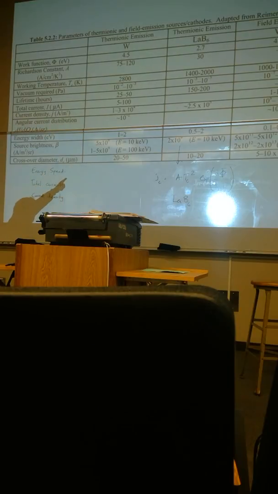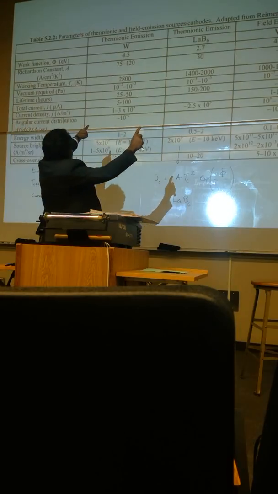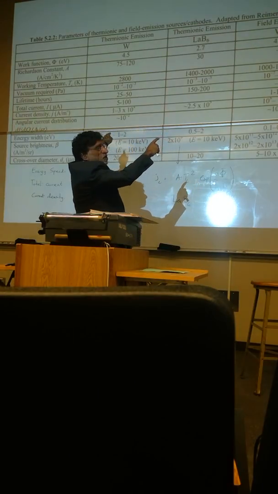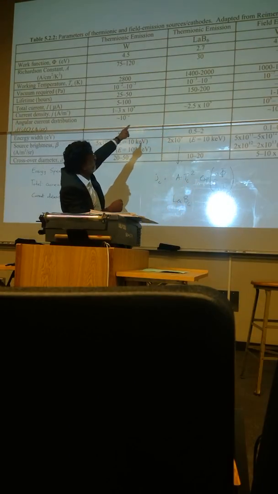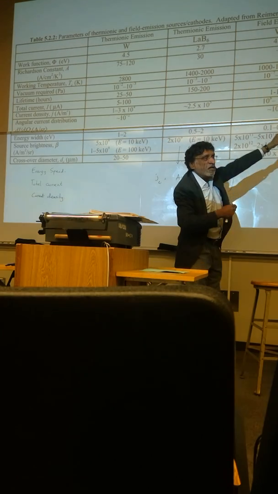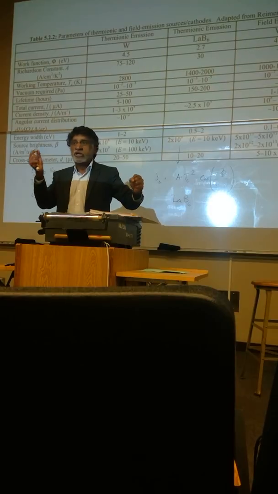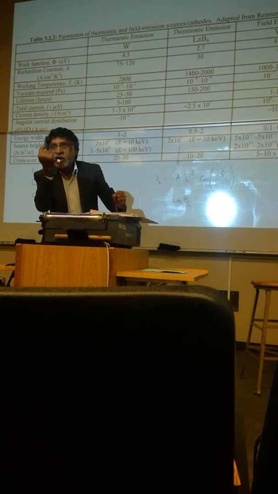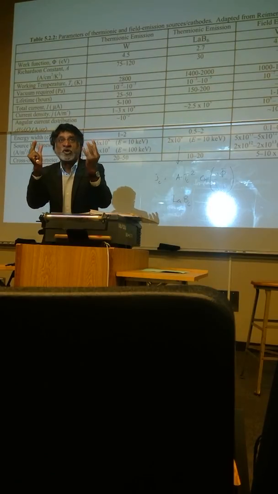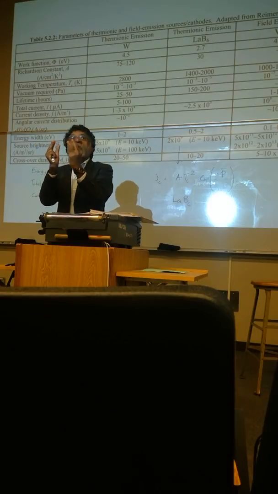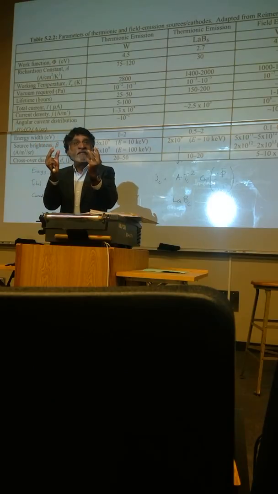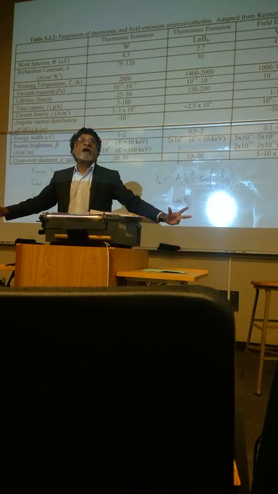Then the total current. Now the total current is the important thing. On a thermionic source, this number should be 10 to 100, and that's 1 to 10. So you can see that in a field emission source, the source is very small, and so the total current that you produce is quite small. Whereas the thermionic emission produces a lot of current.